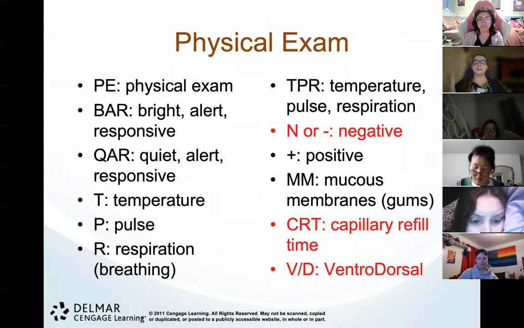When you release the pressure, you're going to count how many seconds it takes for the gums to turn back from that white color to that normal pink or whatever color they were prior to you applying pressure. So normally the capillary refill time should be a second or 2 seconds, but if they're really dehydrated, it could be upwards of 3 or 4, and that's going to be a determination of that. And then VD, like we said before, that's ventrodorsal, talking about our patients being on their back for an x-ray.